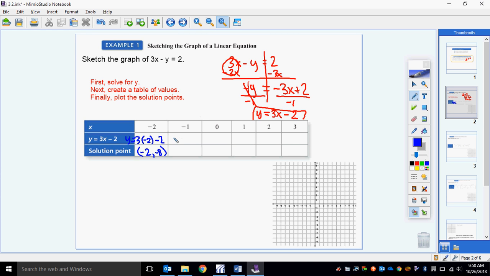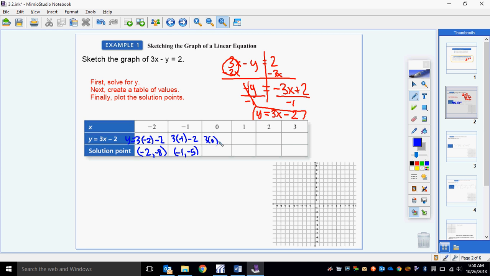And then you keep going for negative 1. So it would be 3 times negative 1 minus 2, and that's the y value. So negative 3 minus 2 is negative 5 when I plugged in negative 1.